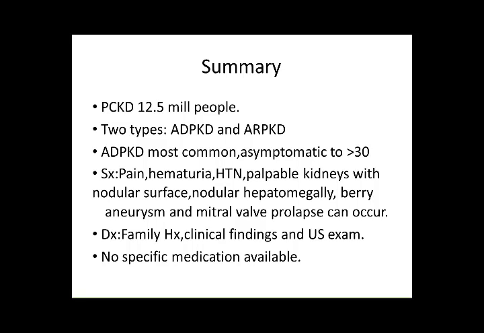Autosomal dominant polycystic kidney disease is the most common form, asymptomatic until more than 30, and signs and symptoms usually are that the patient presents with pain, hematuria, hypertension, palpable kidneys with nodular surface and nodular hepatomegaly, berry aneurysms, and mitral valve prolapse can occur.